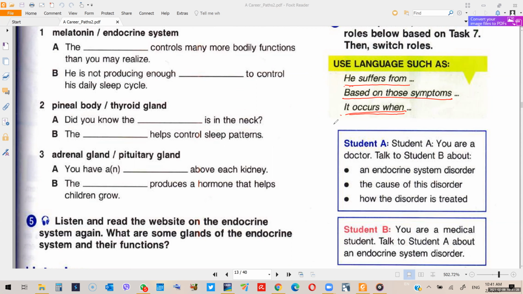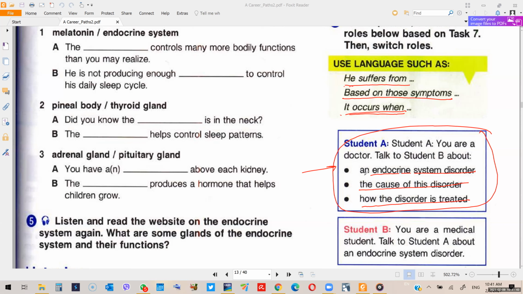Now, so the doctor, of course, the student, he talked about the endocrine system disorder, the cause of this disorder, how the disorder is treated. So this is very important in speaking.